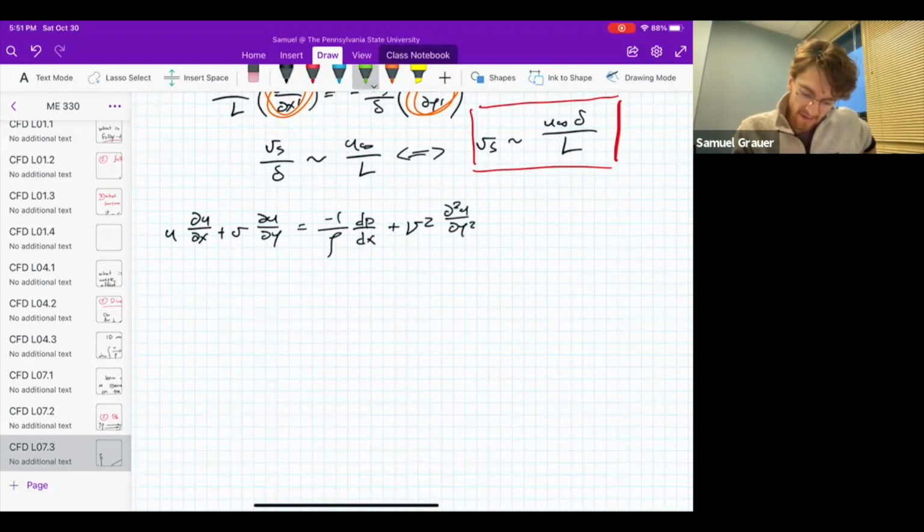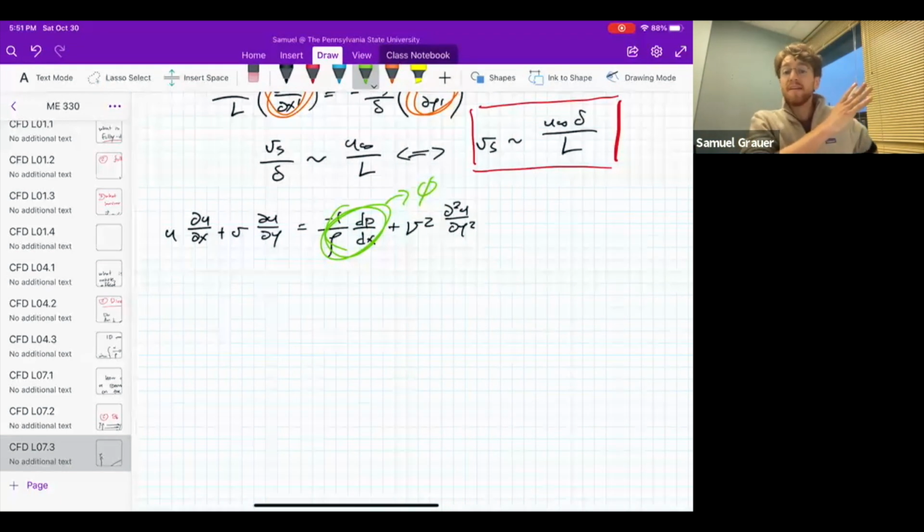Okay, and in the context of our boundary layer, the pressure term is going to be 0 because the u infinity is not speeding up or slowing down. It is staying the same everywhere. That might be unintuitive, but if the flow isn't speeding up or slowing down, then the pressure gradient is not going to exist, because pressure would exert a force on the flow.